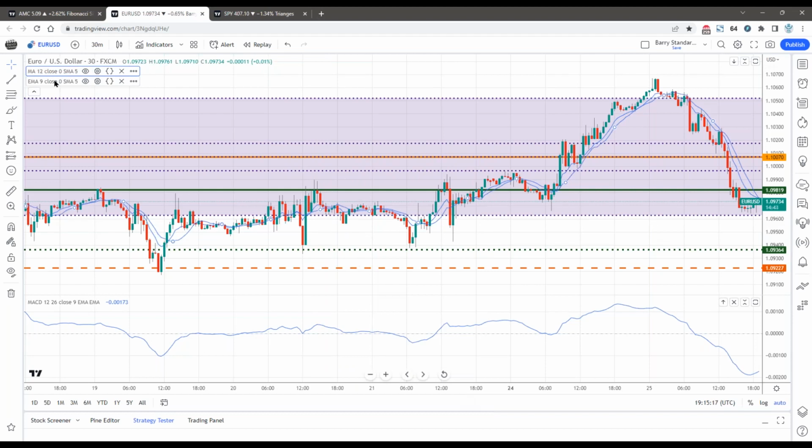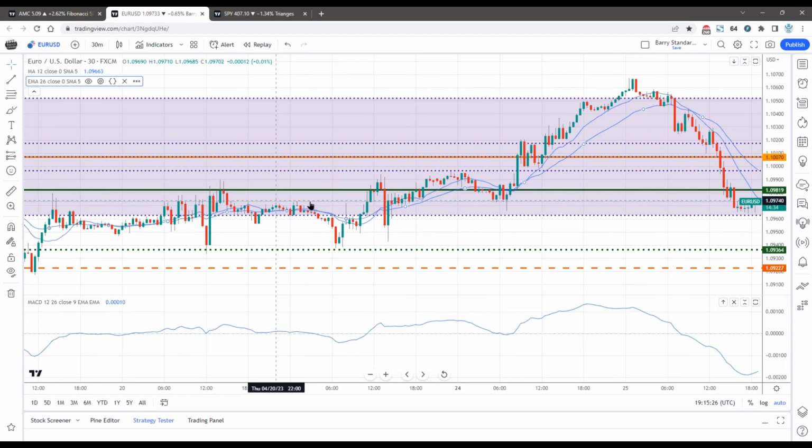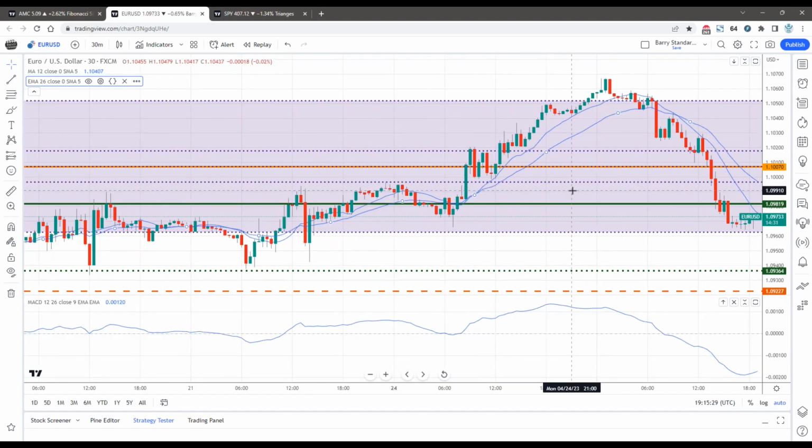So we have on our charts the 12-period moving average and the 26-period moving average. That's the two blue lines up above. Their moving average is right on the price chart.